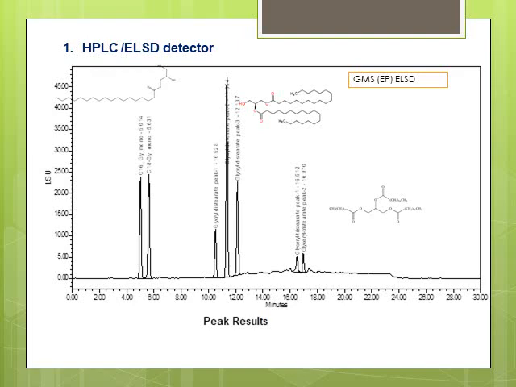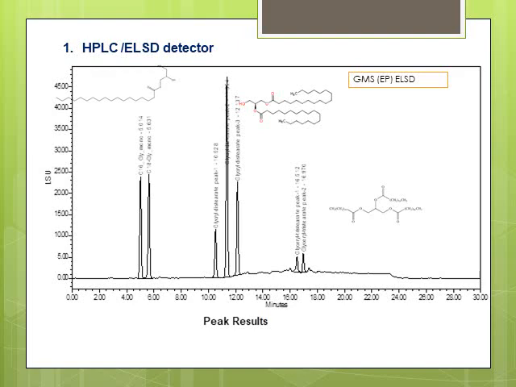The first one is the two palmitic reacting with the glycerin. The larger peak in the middle is one palmitic, one stearic, and the peak around 12 is two stearic acid attached to glycerin. So glycerin di-stearate, all three of them.